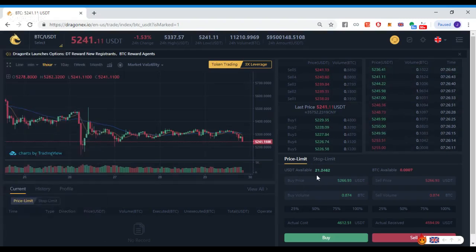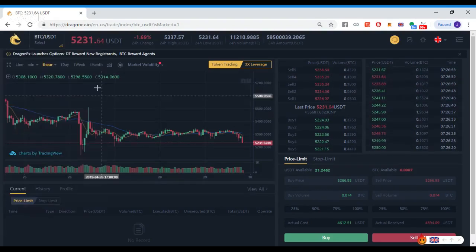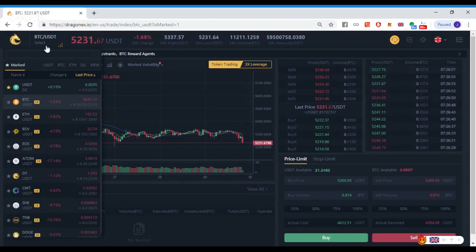As you can see, I have $21.24 on my USDT available balance, and I'll be doing an example with one of the leverage tokens. We have Bitcoin with 3x leverage, Ethereum versus USDT with 3x leverage, Bitcoin SV versus USDT with 3x leverage, and EOS versus USDT with 3x leverage.